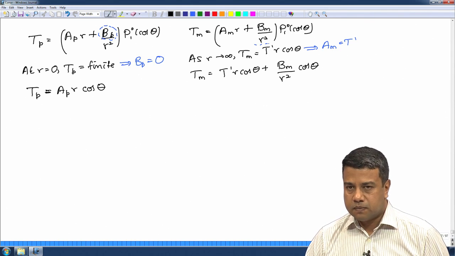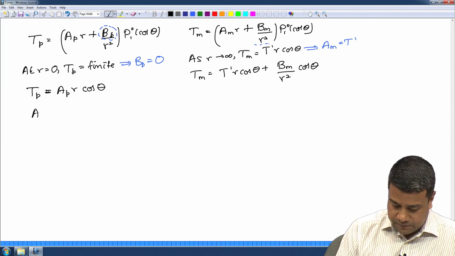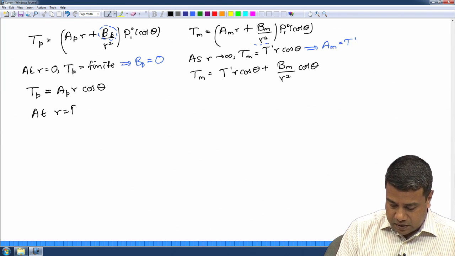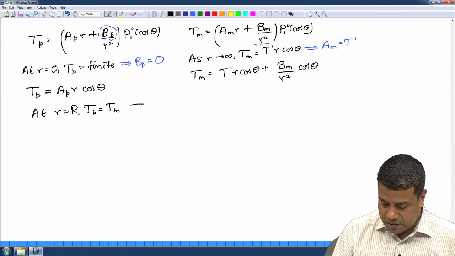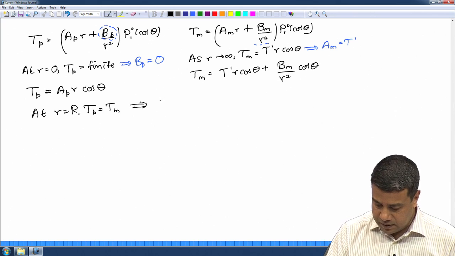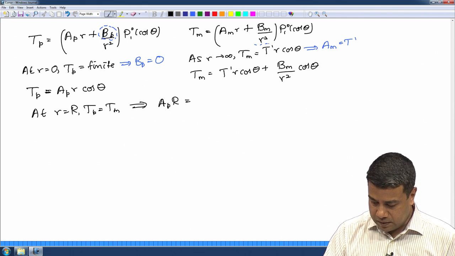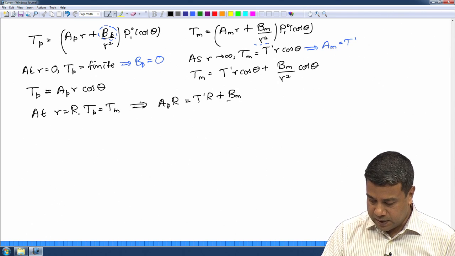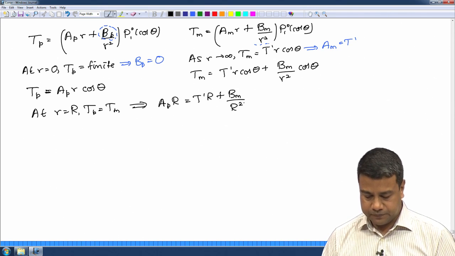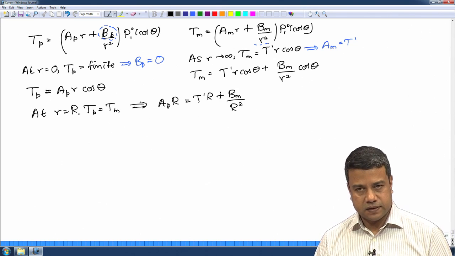And then now you have the boundary conditions at the particle surface. At r equal to R, T p is equal to T m, which implies that A p times R is equal to T prime R plus B m by R square, just equating the temperatures at the surface.